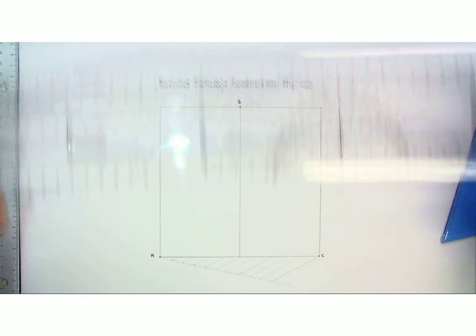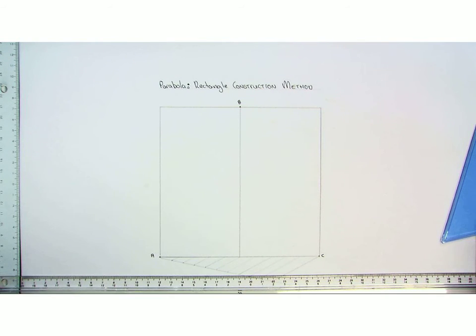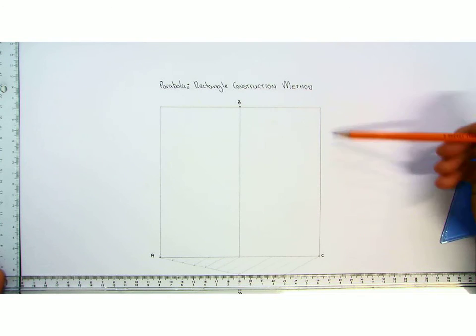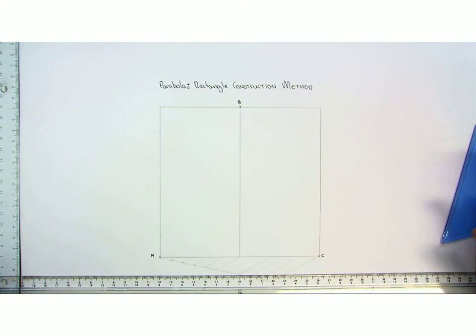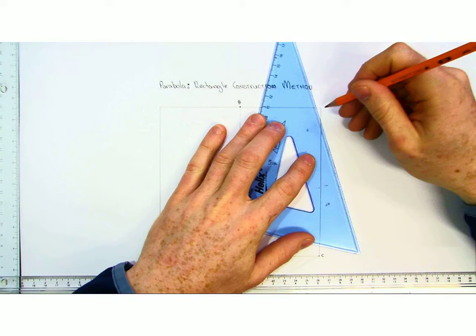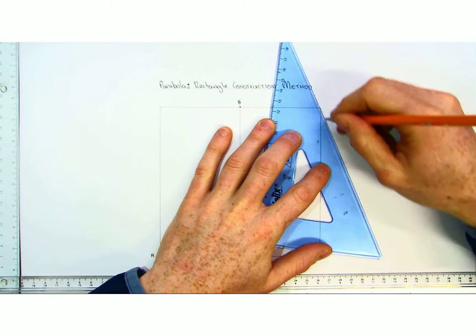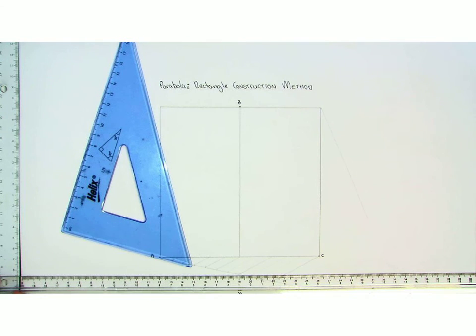I now have 10 equal divisions across the width of my parabola. Step 2, I need to divide up the height of my parabola. So I am going to divide that up into 5 equal sections. Again, I will draw a line at any angle from one corner of the rectangle. I'm going to step 5 equal measurements of 20 millimeters onto this.